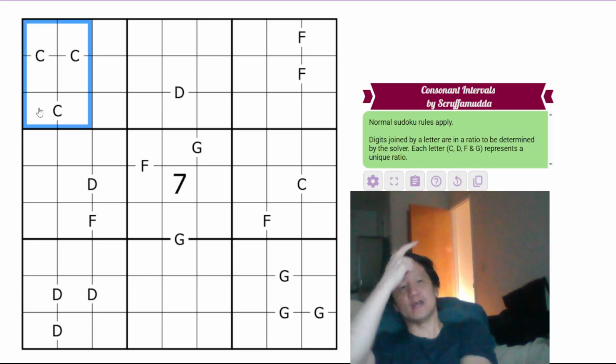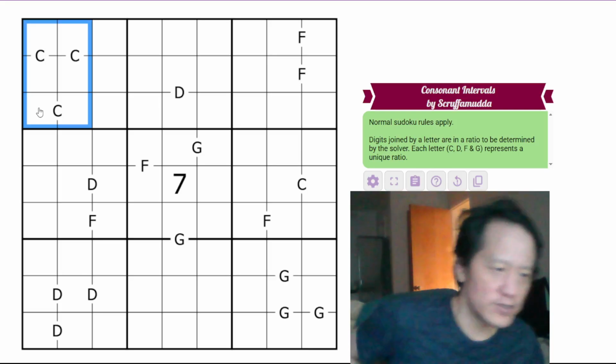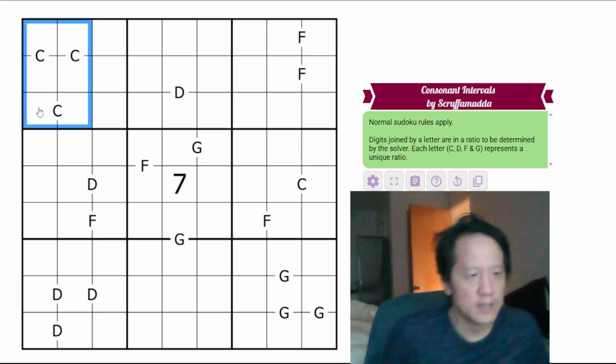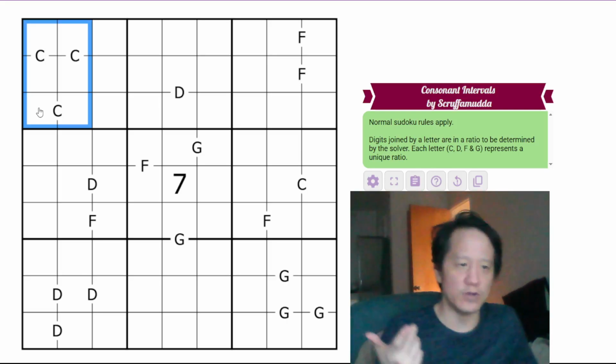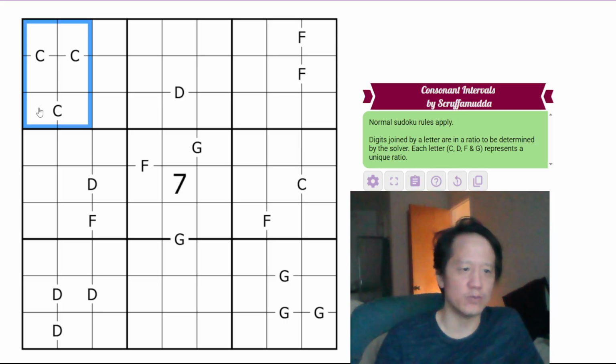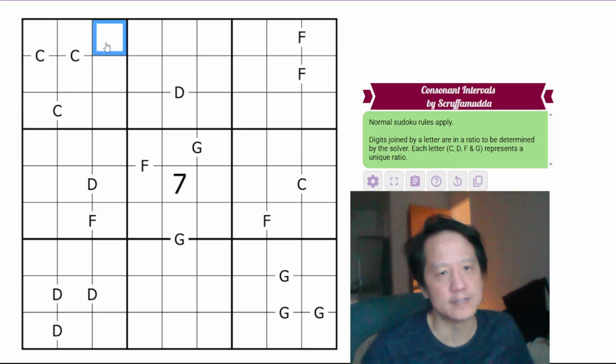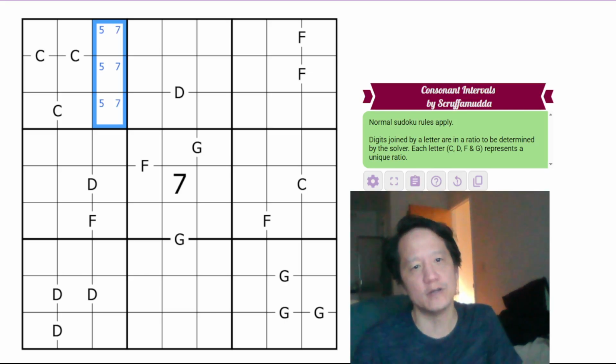Basically, 5 with any combination just doesn't seem to work. 7 has the same problem. 7 to 2, 7 to 1. If you try to get to another ratio, you have 2 and 14 at the minimum, which doesn't work. If you try 7 and 2, you get 4 and 14, same problem. So 5 and 7 can never be in that set. So 5 and 7 have to be here.